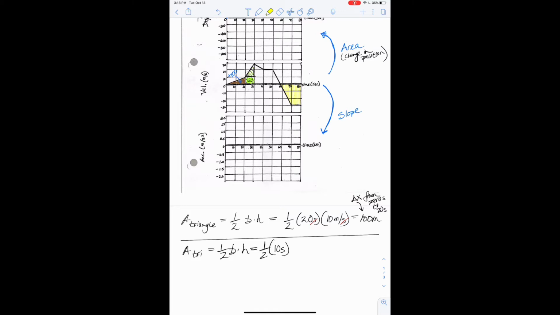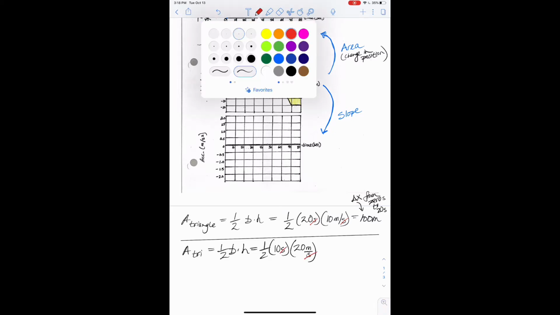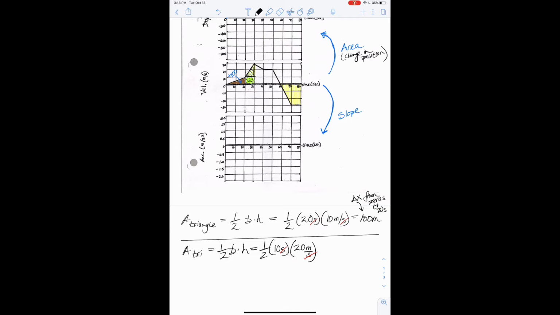If I highlight that in yellow, the height is just right there. It's kind of hard to see, but it's 30 minus 20 for the height, right? Just of the triangle. All right, so we're going to say 30 minus 10 is 20. So we have 20 meters per second. Once again, watch those units. They can cancel. And we're left with pretty much the same calculation we just did a second ago, although slightly different.